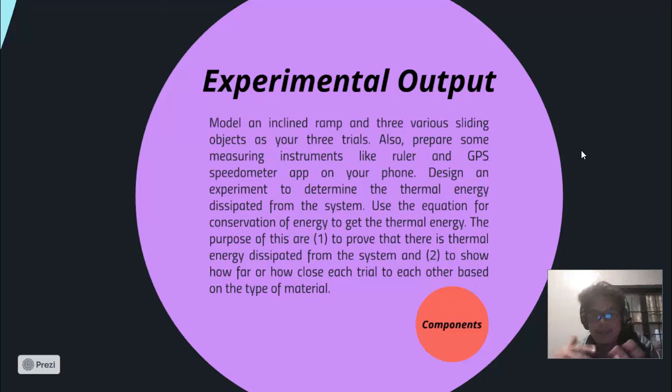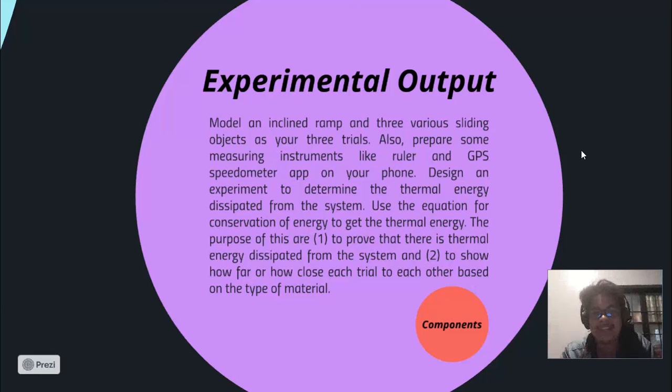The purpose of this is to prove that there is thermal energy dissipated from the system. Ipo-prove nyo kung meron nga ba talaga, and to show how far or how close each trial is to each other based on the type of material.